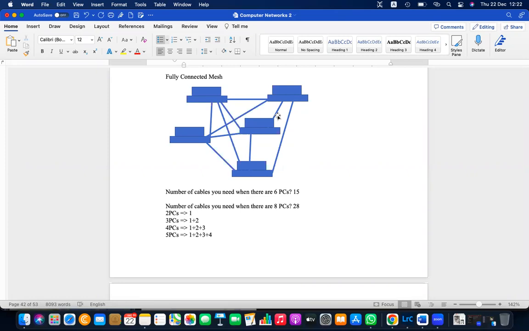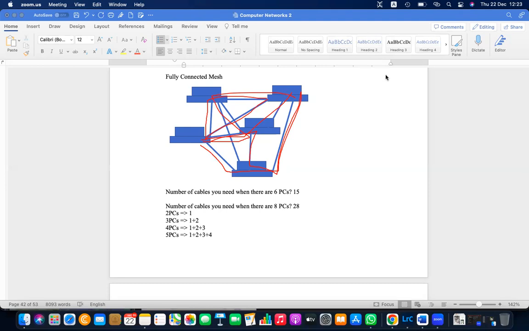There's a direct line and there are indirect lines too. There are multiple lines of communication.